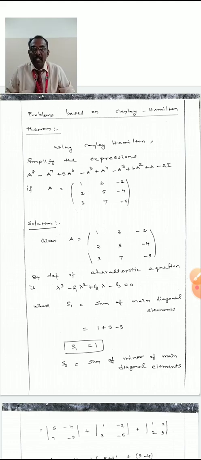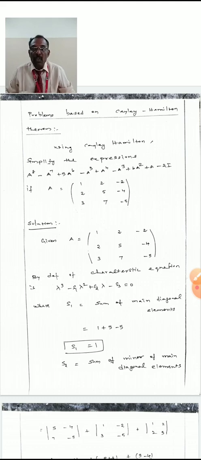The equation is very lengthy. If A is a 3 by 3 matrix, the first row is 1, 2, minus 2. Second row is 2, 5, minus 4. Third row is 3, 7, minus 5. The size of the given matrix is 3 by 3. The question starts from A power 8.